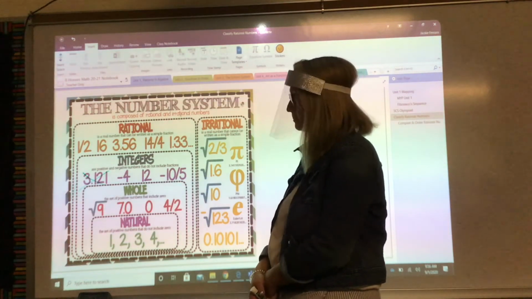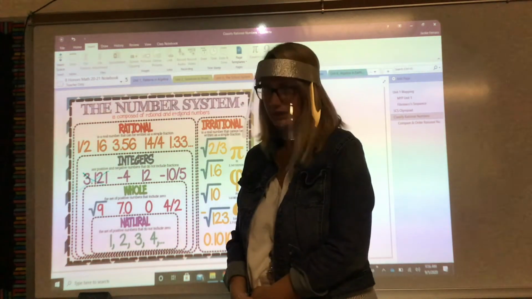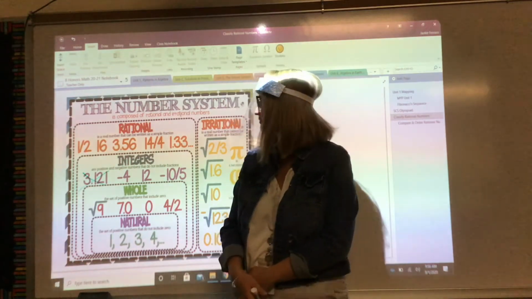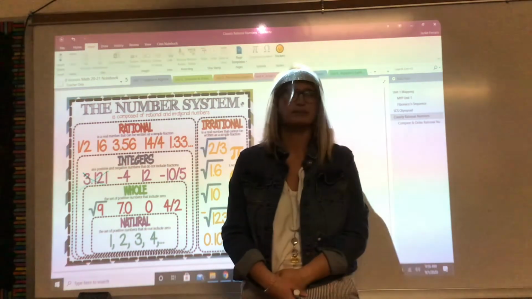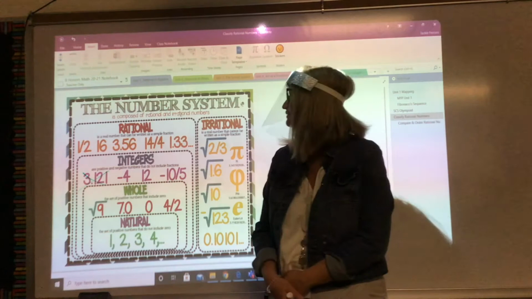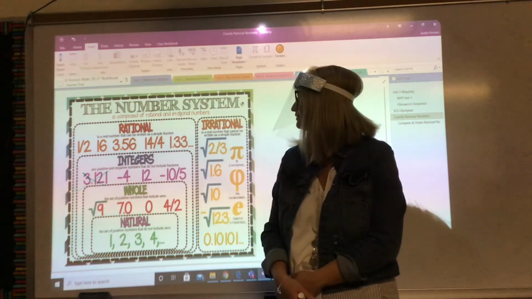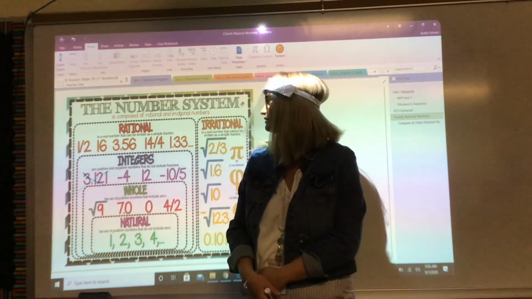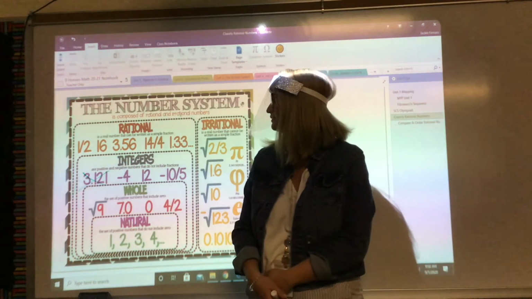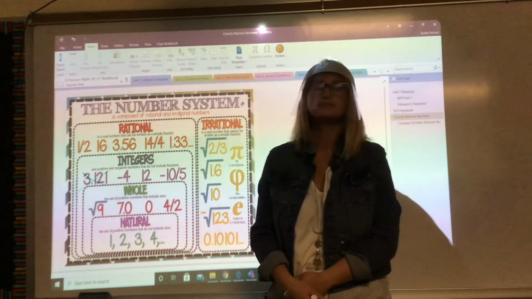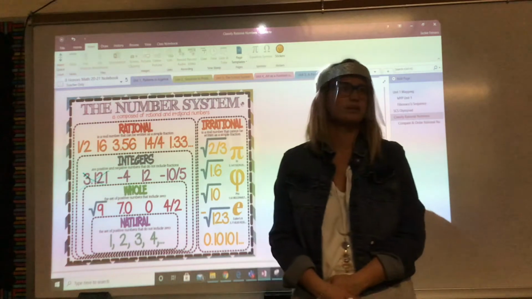Well, it repeats, so it has a pattern, so it should be rational. It is a repeating decimal, which has a pattern. Ian? 14 divided by 4, because when simplified it becomes 7 divided by 2, which is an irrational number. It is still rational. All fractions are always rational.